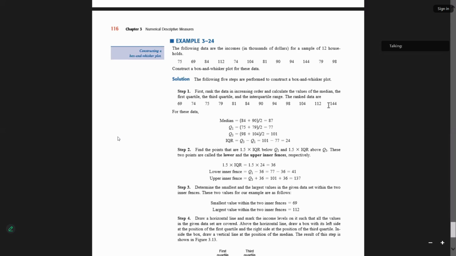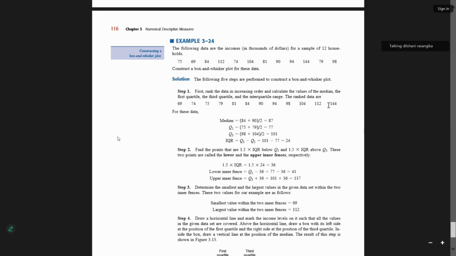make it into ascending order. That means increasing order, right? Then normally in problems, we give you the box and whisker plot as the last part of the question. It is the normal way, right?